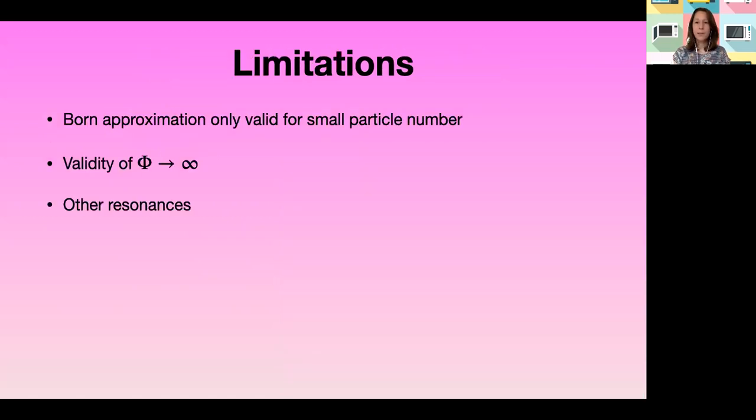Now, what are the limitations of our semi-analytical approximation? First of all, we use the Born approximation, which assumes that particle number is small. This may sound inappropriate, but in the case of spiky masses for curved target spaces, this limit is not that bad, because spiky masses typically lead to particle production with very high momentum, but not necessarily large occupation numbers.